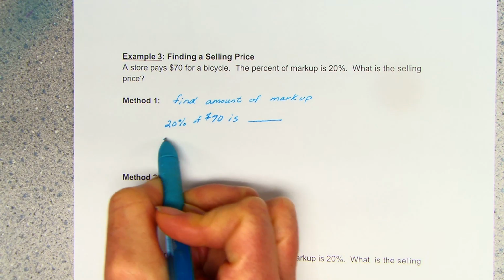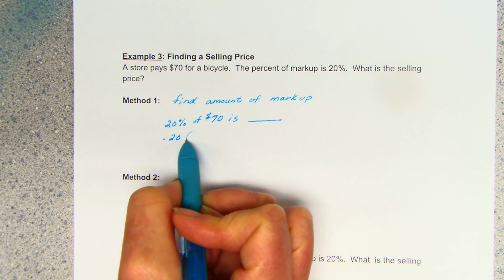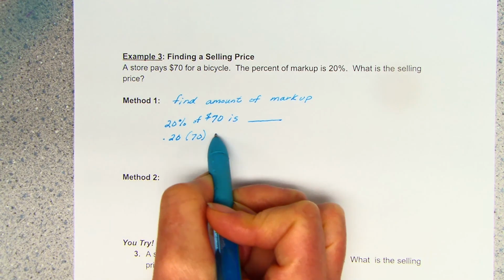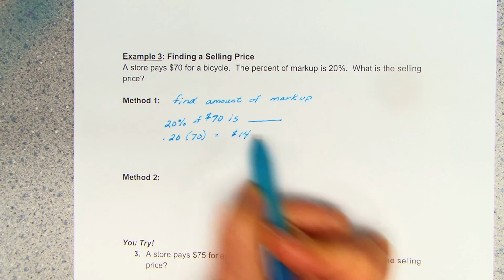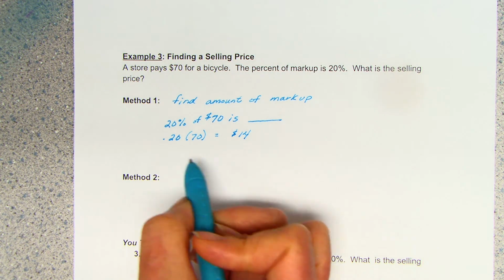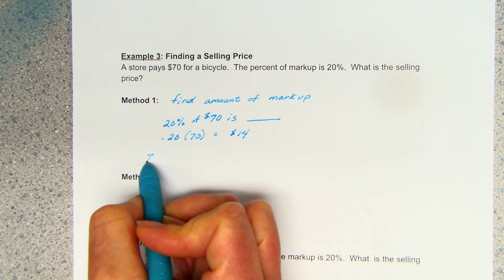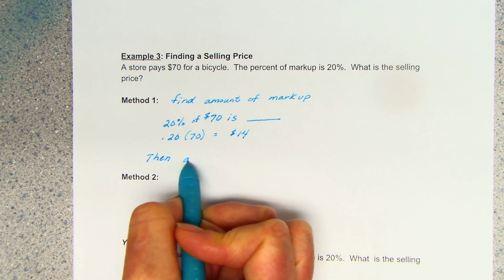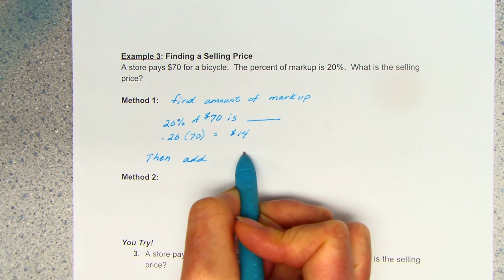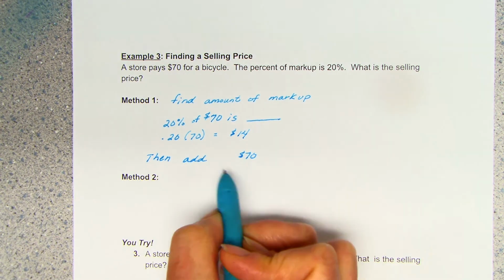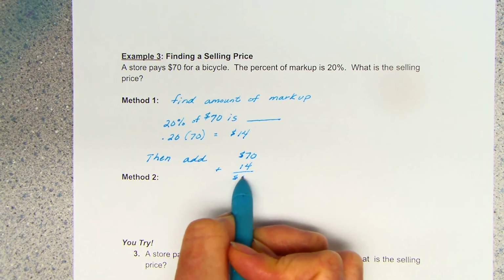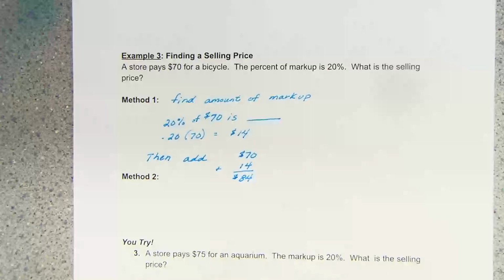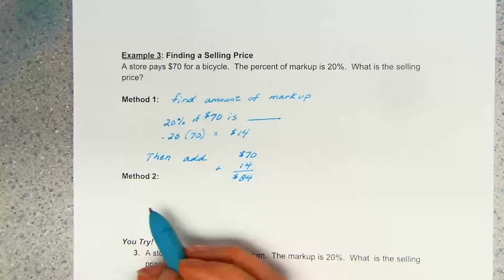And so I can just do 0.2 times 70 equals 14. Okay. And then I have to add. So I've got the $70 that the store paid plus the $14 markup means that they are going to charge $84.